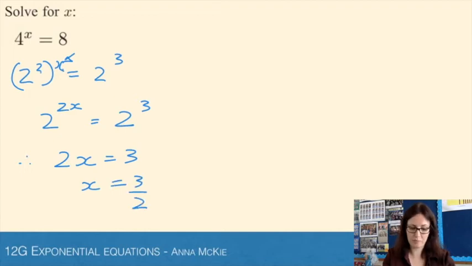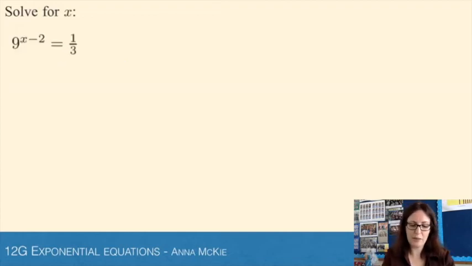And that's that one. This one here, 9 to the power of x take 2 is equal to 1 on 3. So you need to work them into the same base. Hopefully you're anticipating that the base will be 3. So this 9, we need to turn into base 3, so we're going to go 3 squared, and we'll leave the other powers out there for the time being.